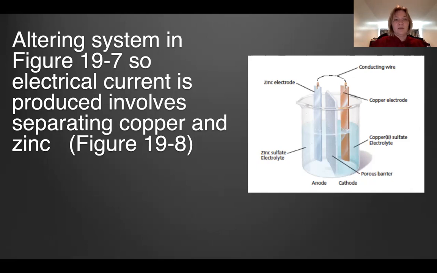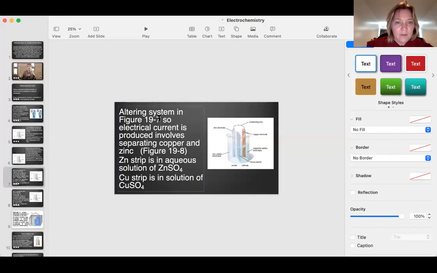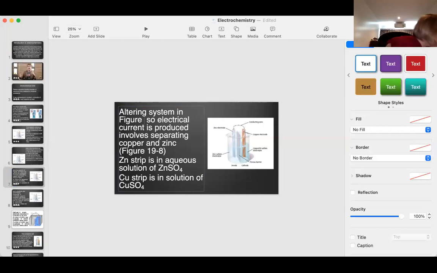Okay, so we separate the copper. Basically, figure 1.1 on page 617, the one from the previous slide that I showed you when they're in direct contact: if you separate them with a porous barrier and then connect them with a wire. Let me go ahead and change this really quick. What is it? 1.1, 1.2, okay.